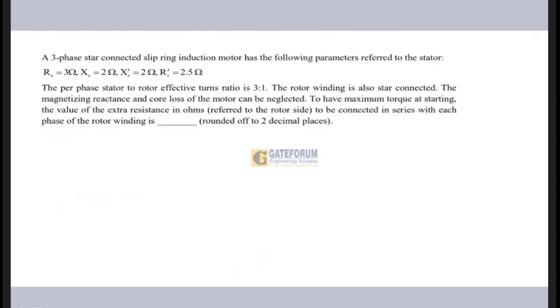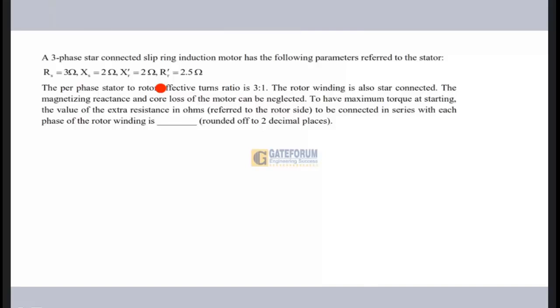They have provided you with the stator resistance, stator reactance, the rotor reactance referred to the stator, and the rotor resistance referred to the stator. XR dash means it is the rotor reactance referred to the stator, and RR dash is the rotor resistance referred to the stator.